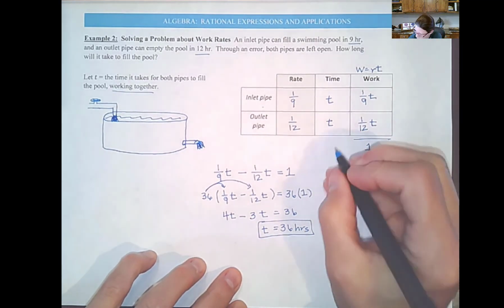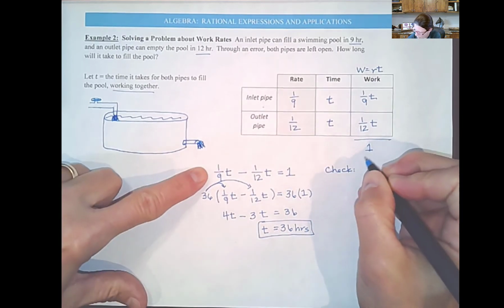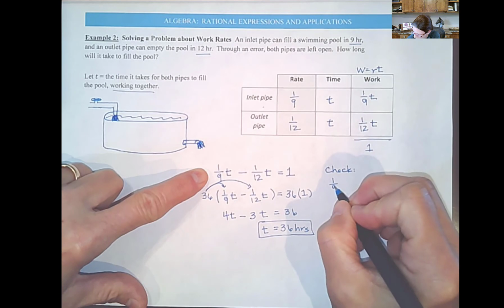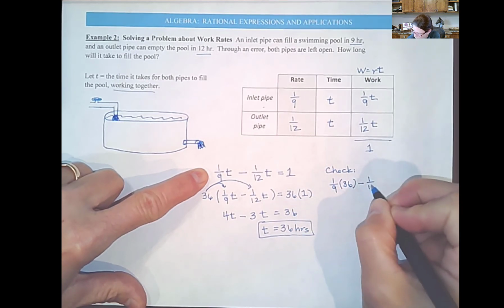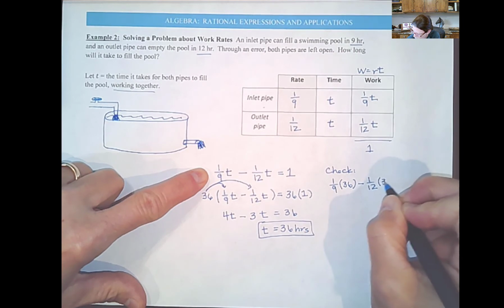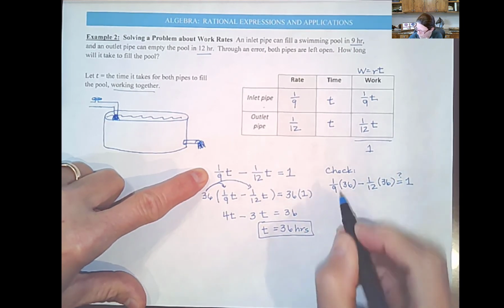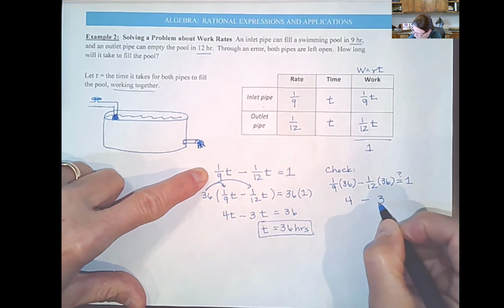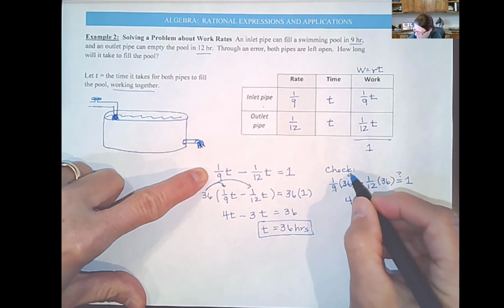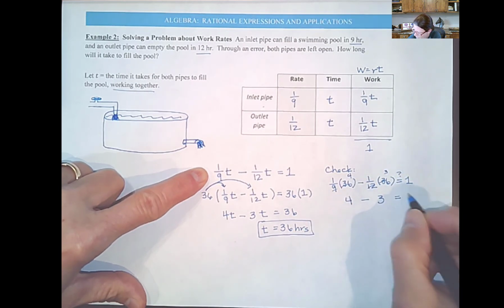Let's check and see if this makes sense. Checking in our original equation, is 1/9 times 36 minus 1/12 times 36 really equal to 1? Well, that's 4 minus 3. I'm just dividing here, denominator into that numerator. 4 minus 3, is that equal to 1?